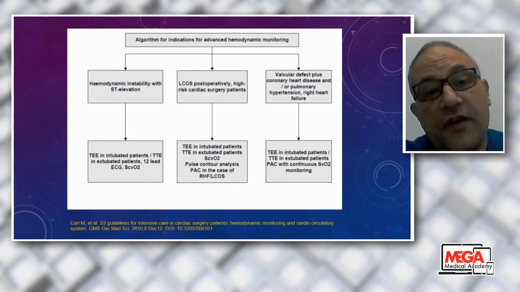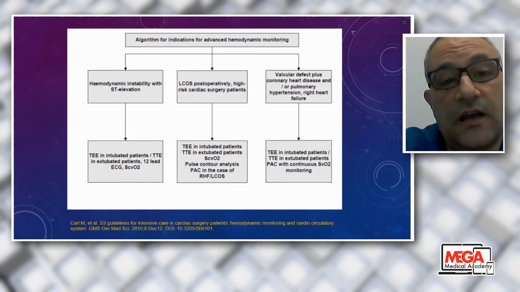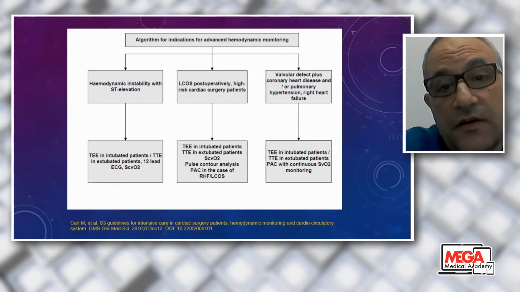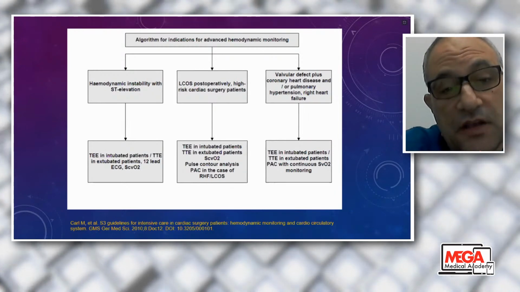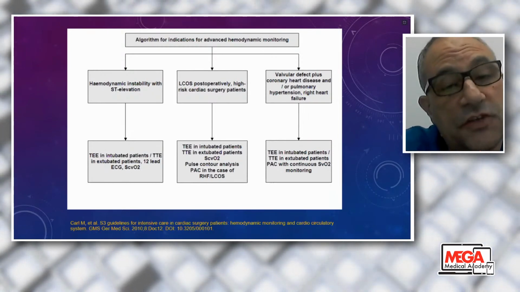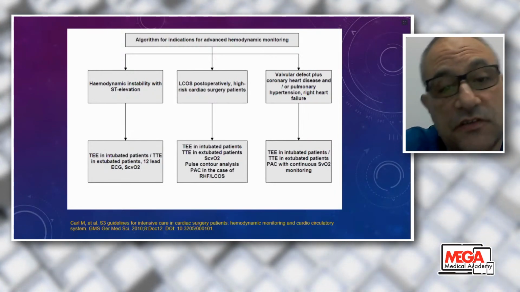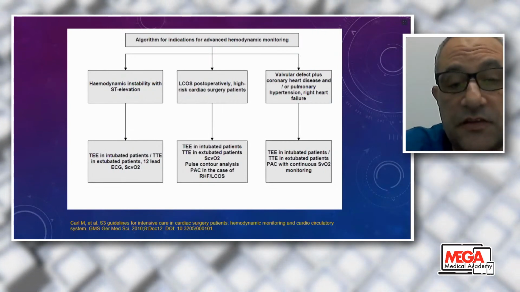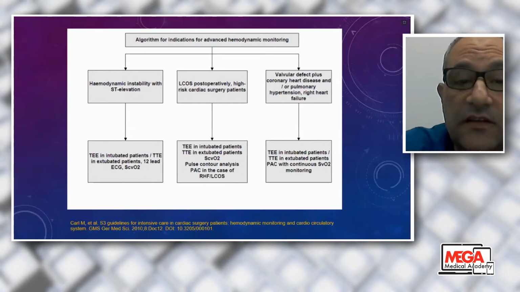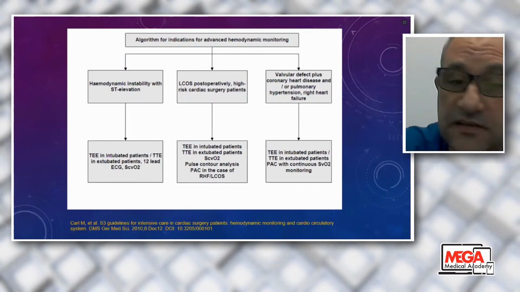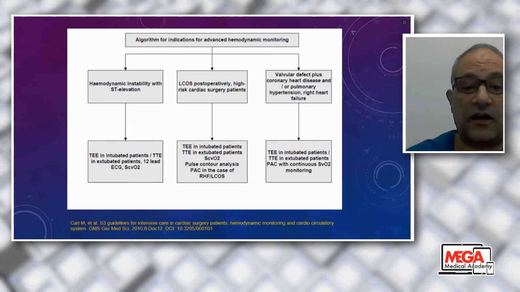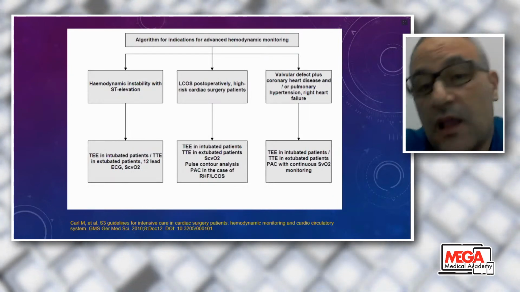But if I have low cardiac output syndrome pre or post-operatively, or a very high risk surgical patient, I need transesophageal echo in intubated patients, transthoracic echo in extubated patients, central venous oxygen saturation, and added pulse contour analysis and pulmonary artery catheter, especially in right heart failure cases.